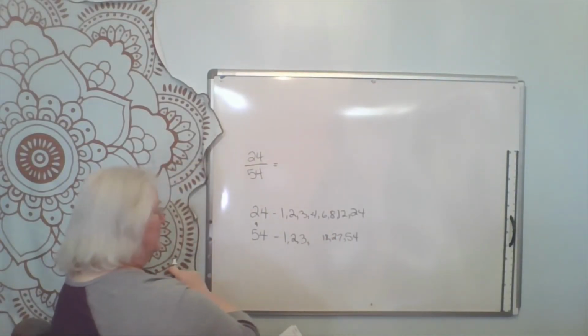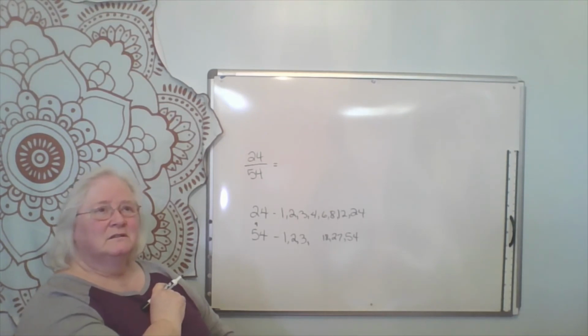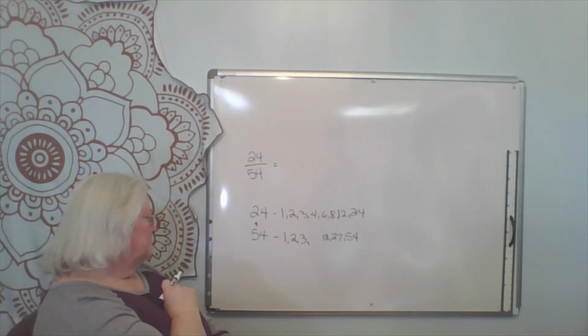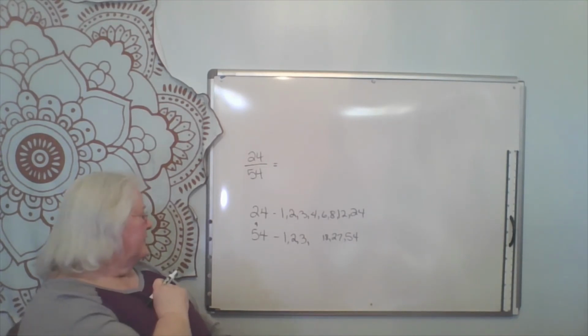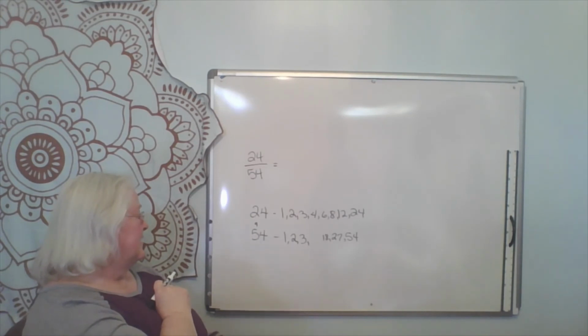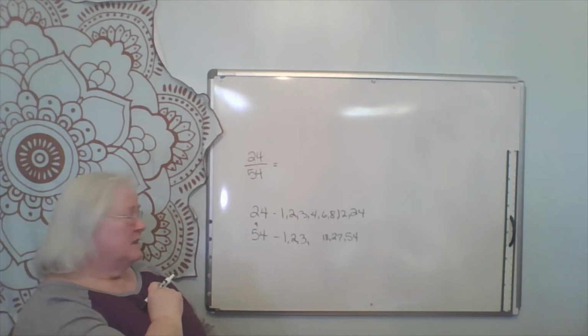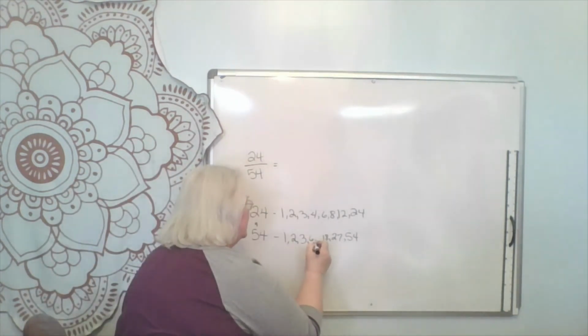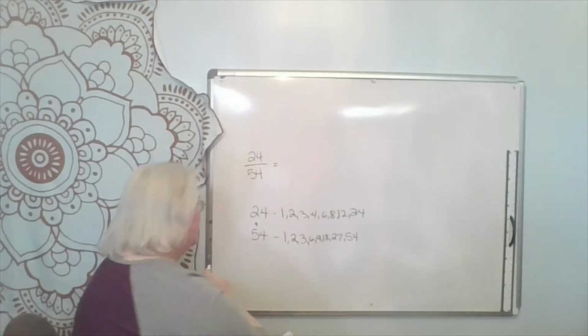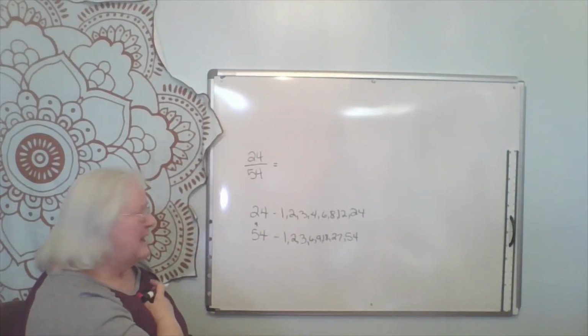Now 4, will 4 go into it? No, I don't think so. 5 won't go into it because it doesn't end in 0 or 5. 6. Will 6 go into it? Yeah, 6 times 9.